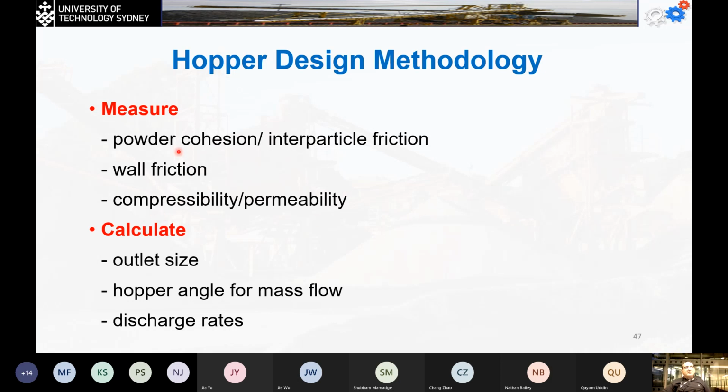The first two are going to be used for the calculation of the outlet size, the hopper angle, and the mass flow and discharge rate. But the compressibility and the permeability measurements are done to know the maximum time we can leave the material inside the silo.